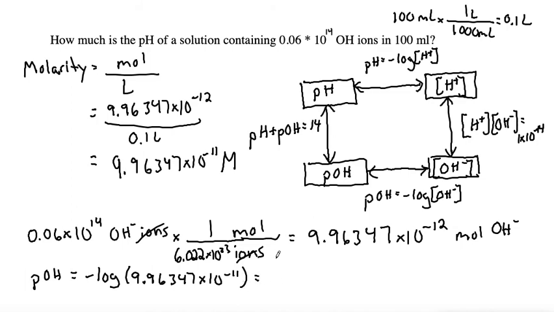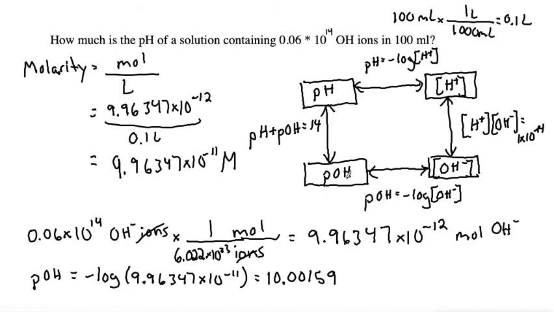Plugging that into my calculator, the negative log of my previous answer gives me 10.00158, or 159. That is my pOH.